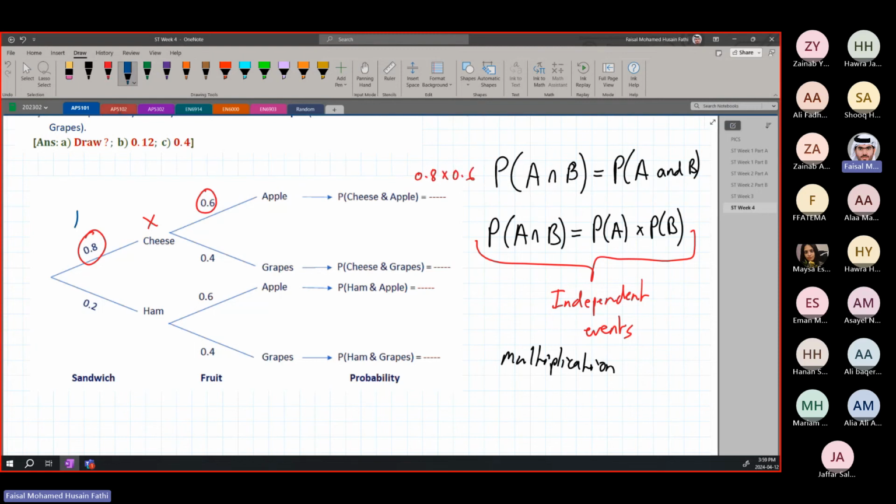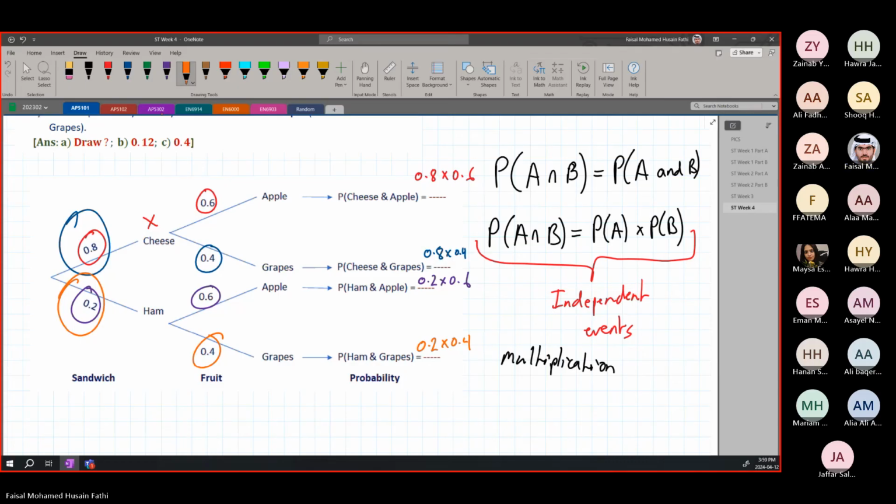Same thing here again, 0.8 times 0.4. Same thing again here, 0.2 times 0.6. And the last one over here is 0.2 times 0.4.